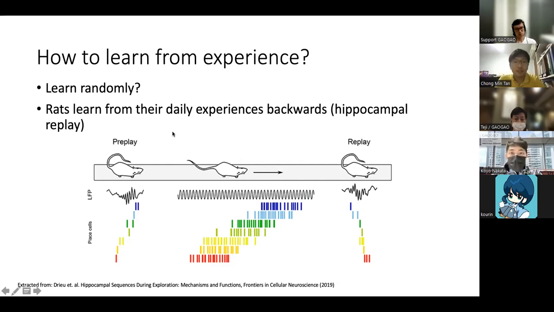For example, rats, when they sleep at night, I think in theta wave sleep, actually replay their experiences backwards, and then they can learn better from the experiences. There have been papers expanding on Deep Q Network to incorporate prioritized experience replay, which replays the states that are the most surprising, and that actually works better.